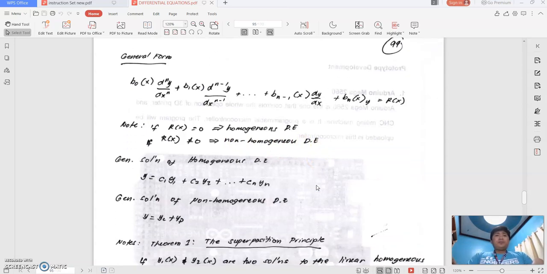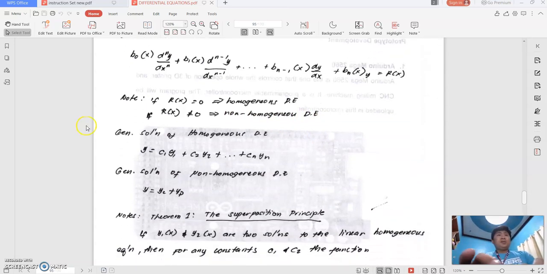The general solution of your homogeneous differential equation, meaning the general form is equivalent to 0, is y equals c sub 1, where the c's are constants, y sub 1 plus c sub 2 y sub 2, and so on. It will add terms depending on how many roots you have.